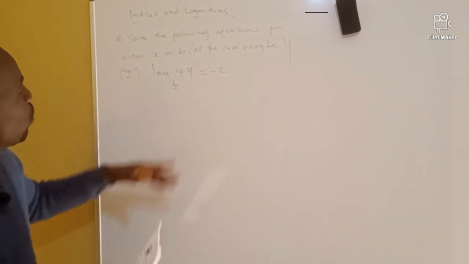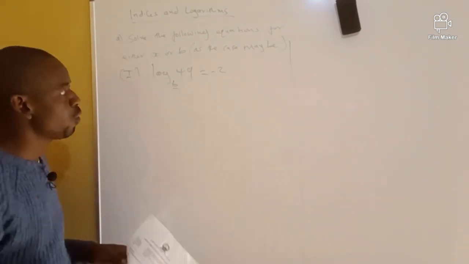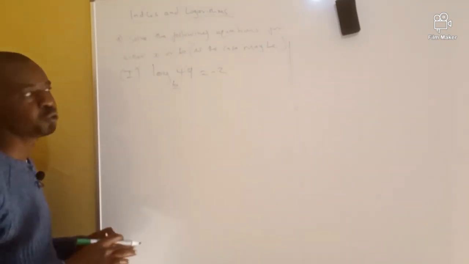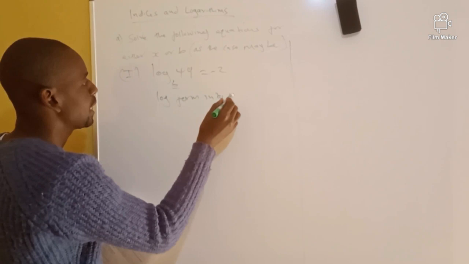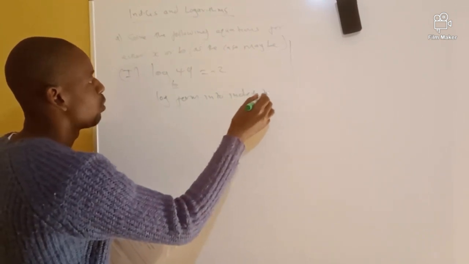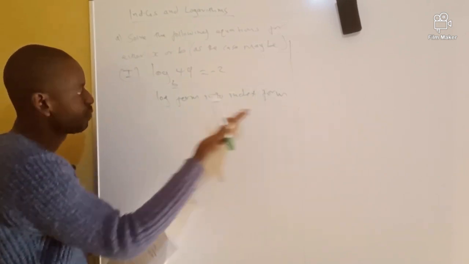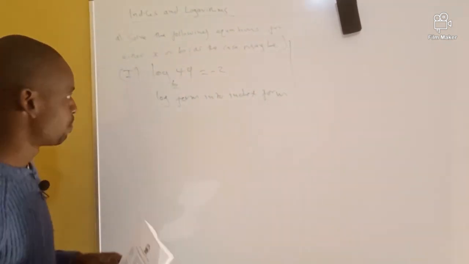So here we are required to get the value of b. The first thing you're supposed to know is how you can change log form into index form, and vice versa, index form into log form.